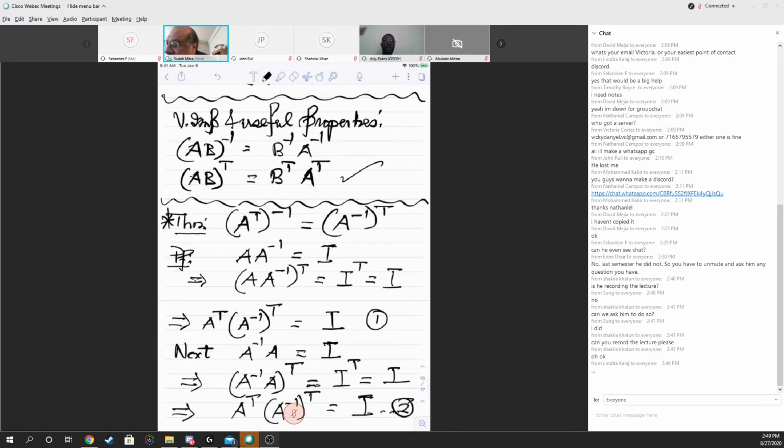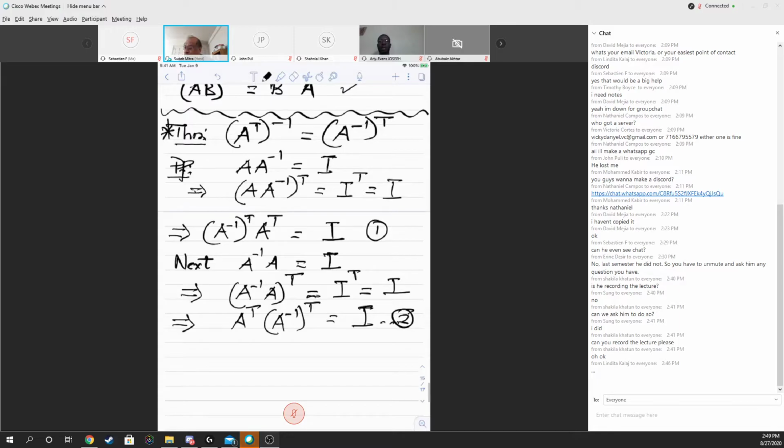This is going to be AB transpose is B transpose A transpose. So inverse transpose is A inverse transpose times A transpose. Good. Now I'm happy. Compare 1 and 2.